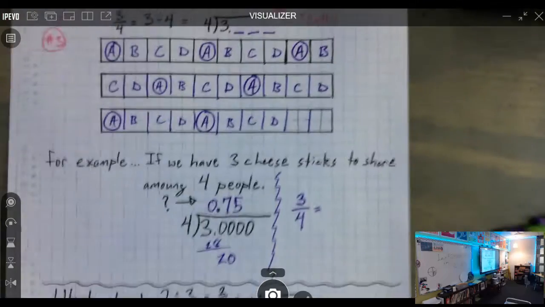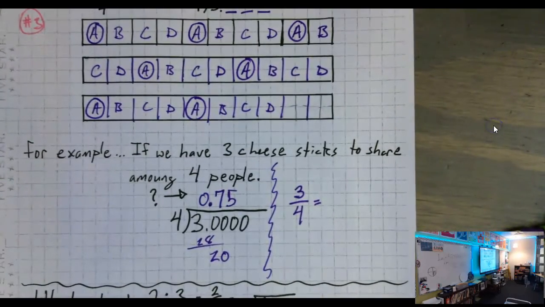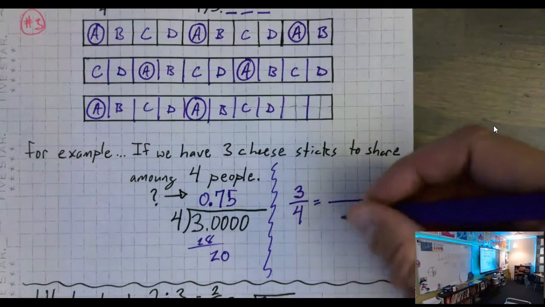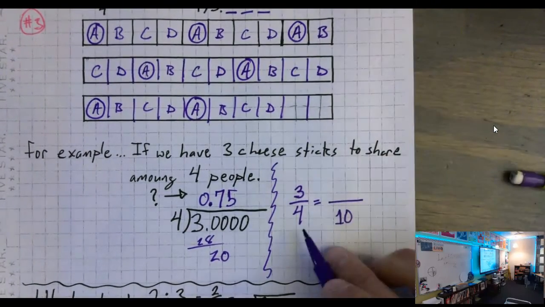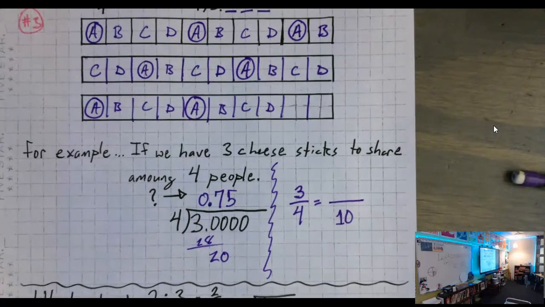But guys, a fraction is division, but that doesn't mean you have to divide. Rob, you with me? What's the opposite of division? Multiplication. I could instead ask myself, can I turn 4 into 10 easily? No, not easily.